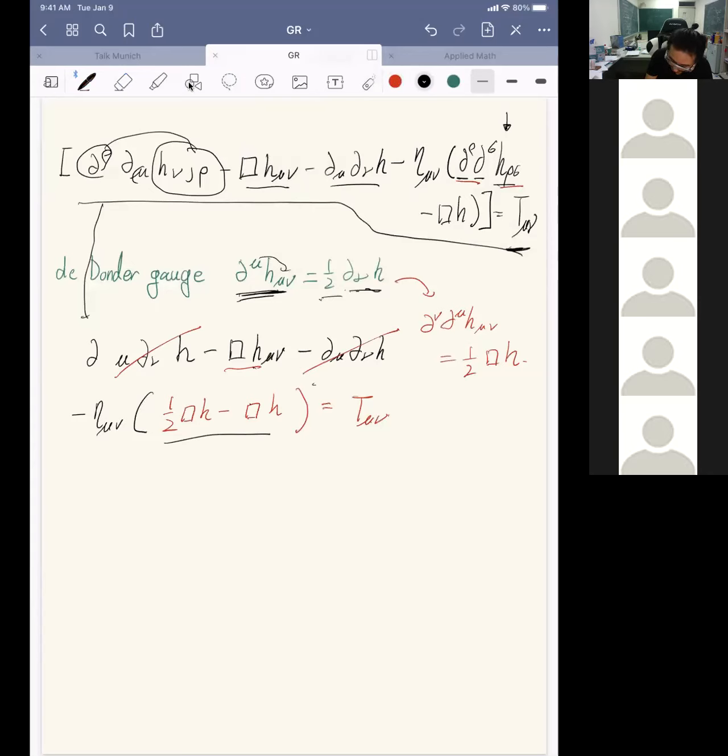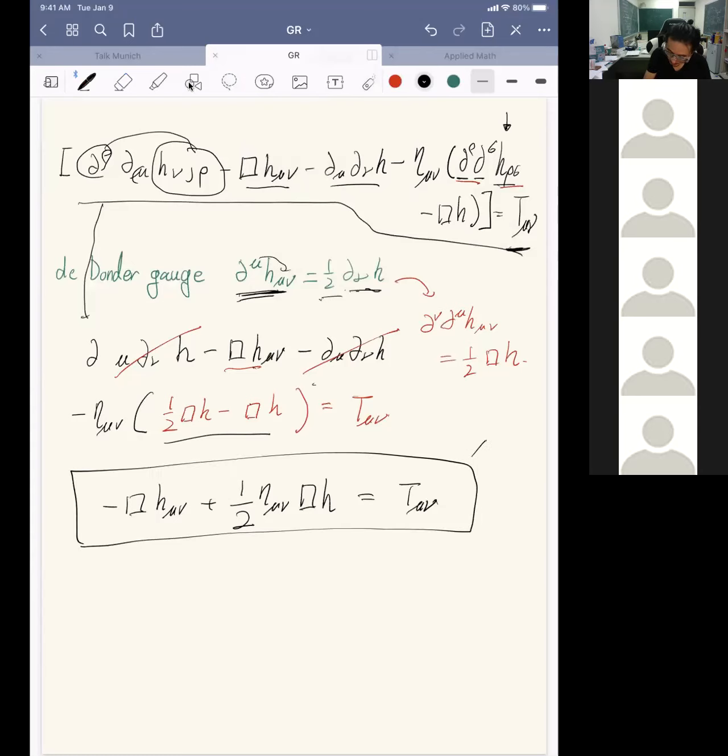So then you have box h_μν plus a half η_μν box h is equal to T_μν. This is the simplified version of your Einstein equation at the linearized order. If you have some source and you just want to consider linearized in your fluctuation field, then this is the equation that you have.